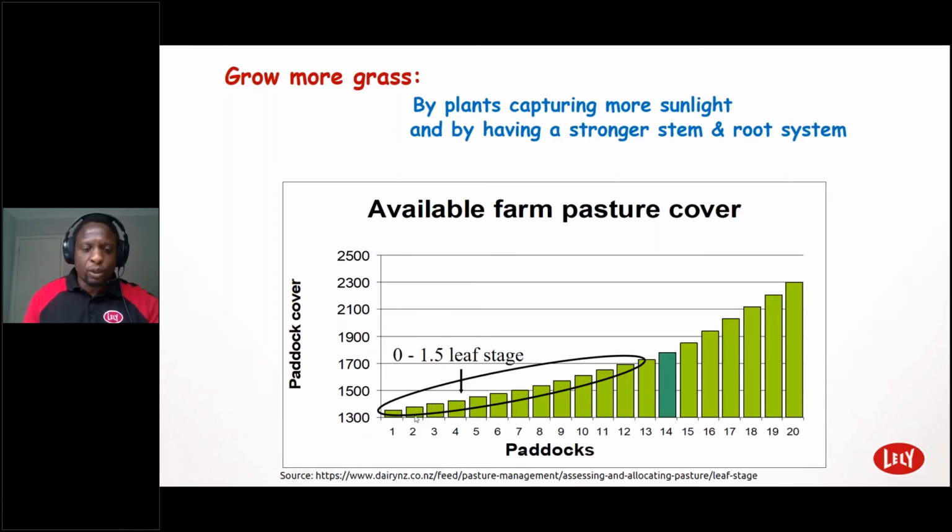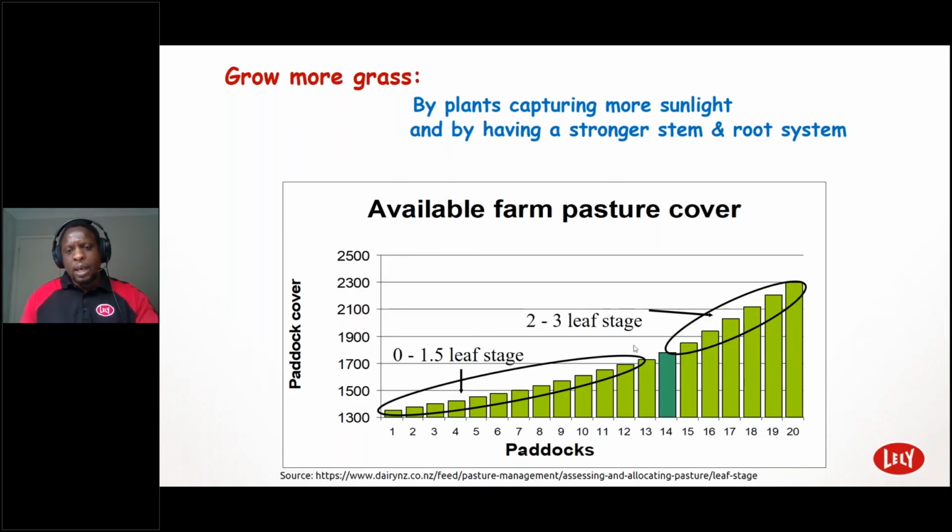And from paddock 1 to paddock 12, there will be slow pasture growth due to limited leaf area. And from paddock 14 to paddock 20, there will be a rapid growth rate due to adequate leaf area for photosynthesis.